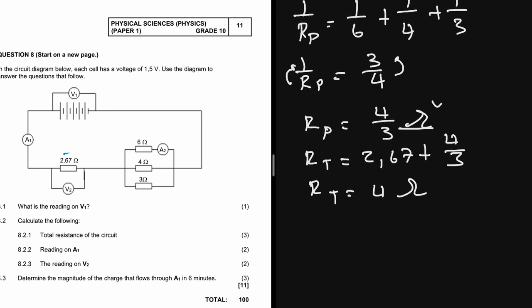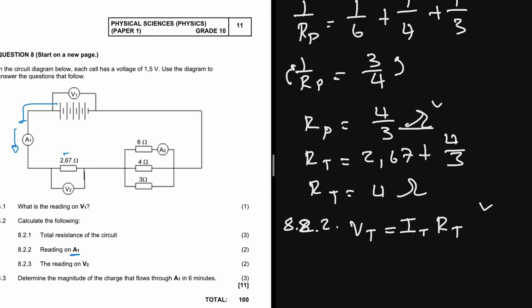So now when we move on to the next question, which is 8.2.2, they say we must calculate the reading on ammeter 1. So ammeter 1 here actually indicates the total current, because it's the current that comes straight from the battery. So if you're looking for the total current, we can find it by using the total voltage is equivalent to the total current multiplied by the total resistance.